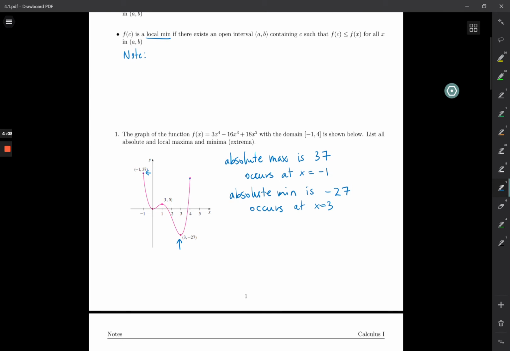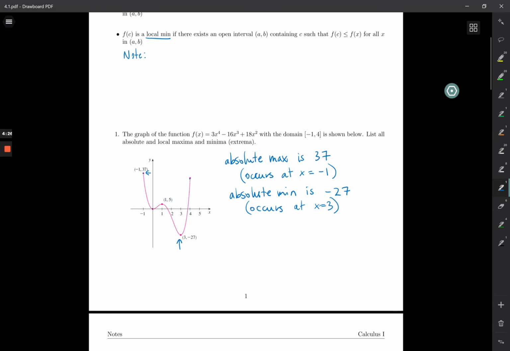When you're answering this type of question, you actually don't need to include this part, but it's nice to include it just to be clear. So that is our absolute extrema, and then our local extrema.